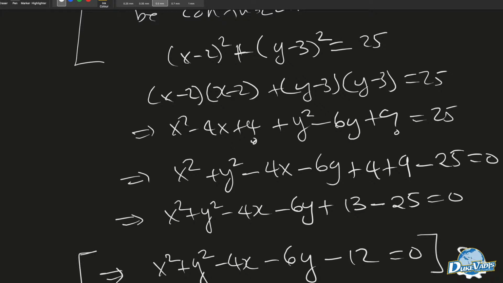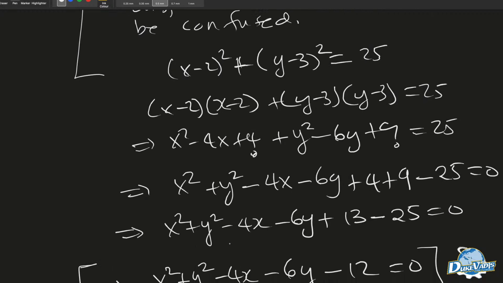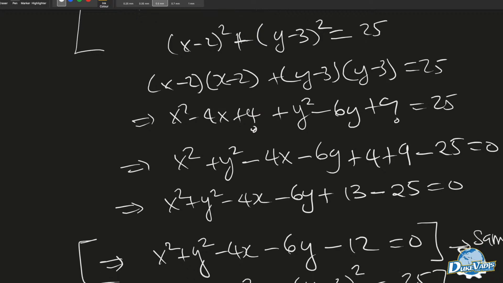So now you see this equation, and the one that is (x minus 2) squared plus (y minus 3) squared is equal to 25 are the same. You see, they're the same equation.